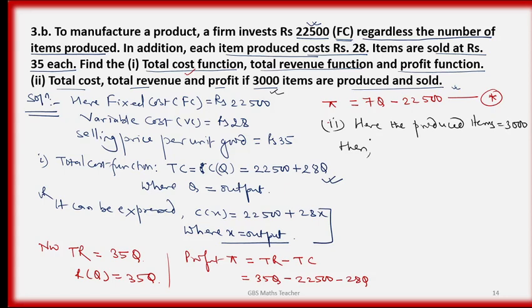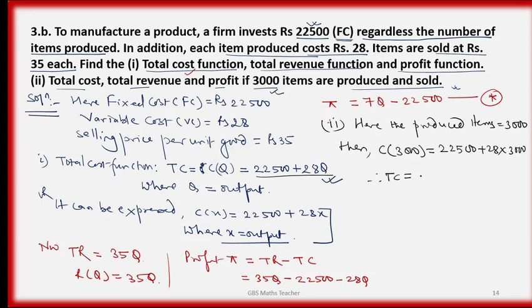If the produced items are 3,000, then what is the total cost? C(3000) equals 22,500 plus 28 times 3,000. Therefore total cost equals 106,500 by calculation.